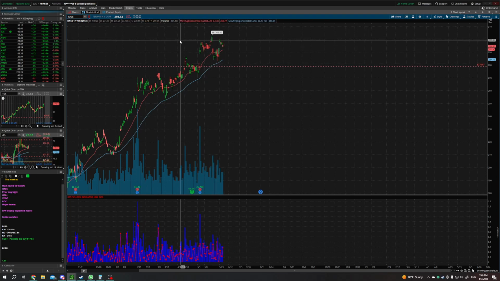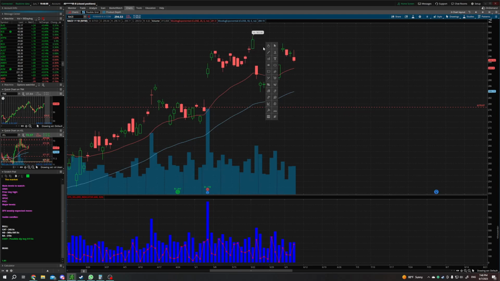shortable. I think this is kind of what I was talking about, where you make this peak right here, and then your next attempt to go higher ends up being a lower high, right? This is what we're looking for as a topping sign. I don't use shapes and forms, guys.